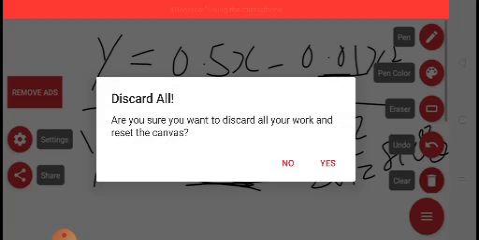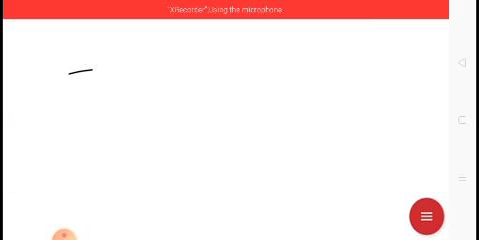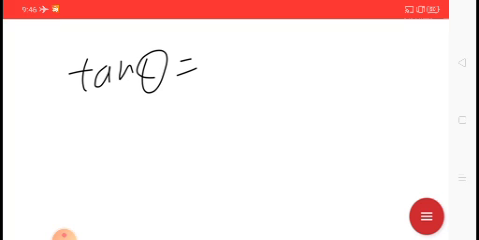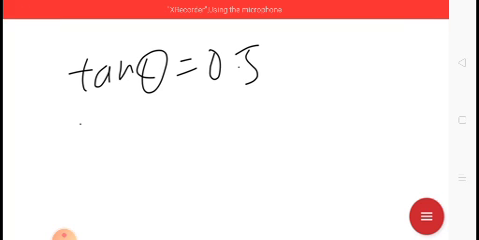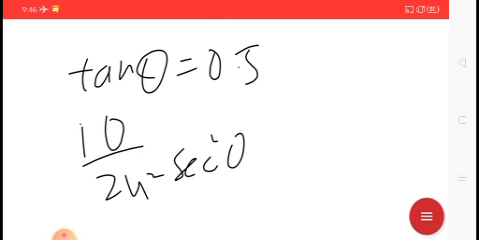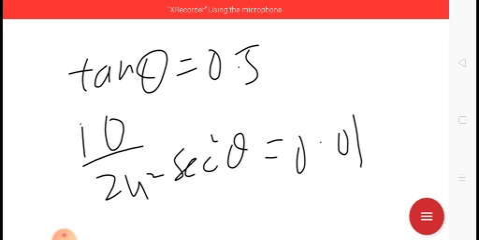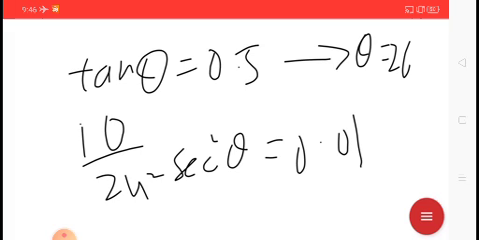So if you proceed to find the value, you know that tangent theta is equal to 0.5, and we know that g over 2u squared secant squared theta is equal to 0.01. If you want to find secant squared theta, you can derive it from here, right? And from here, you know theta is equal to 26.57.